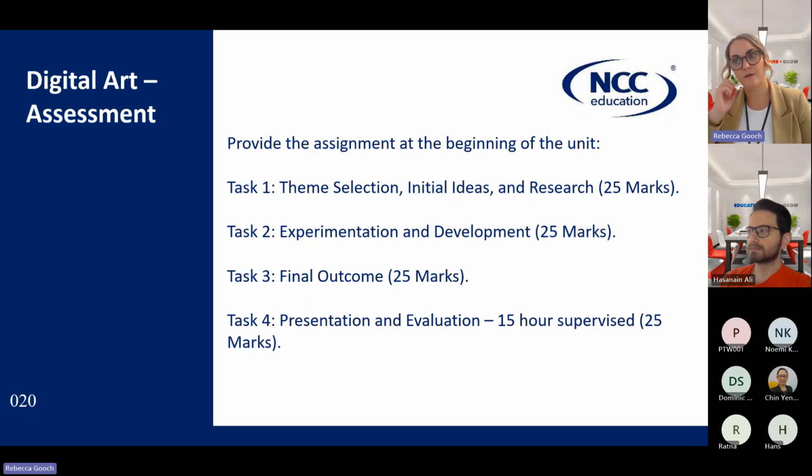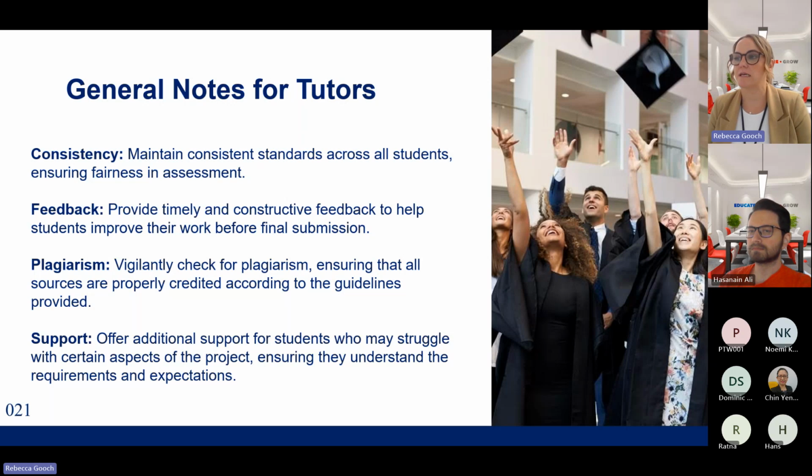So, some general notes for tutors for these particular units. Consistency is key: consistency in feedback, whether that's formative or summative, and making sure that it's catered for all in terms of assessment.